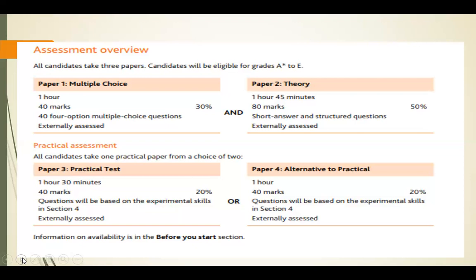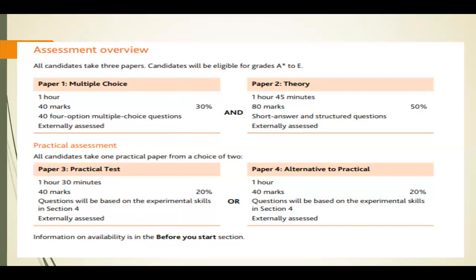If you look at this page, you will see 30% mentioned in front of multiple choice questions. This 30% indicates the weightage contribution of MCQs in your overall result. So in your overall result, 30% of the marks would be from the MCQs. So you have to score very well in this paper.